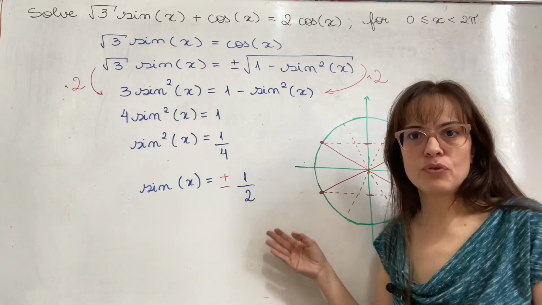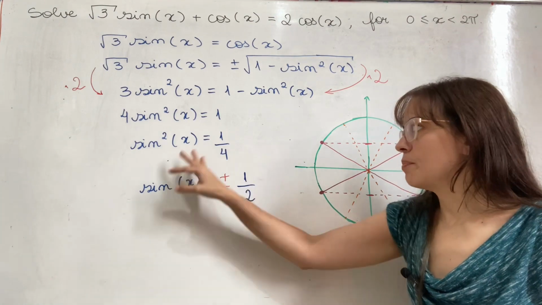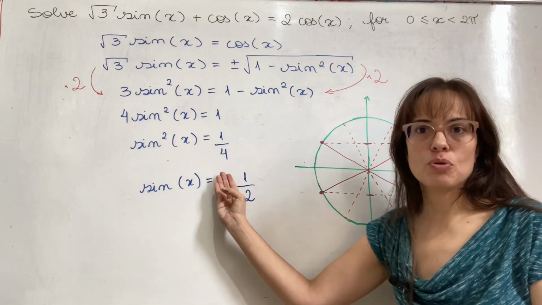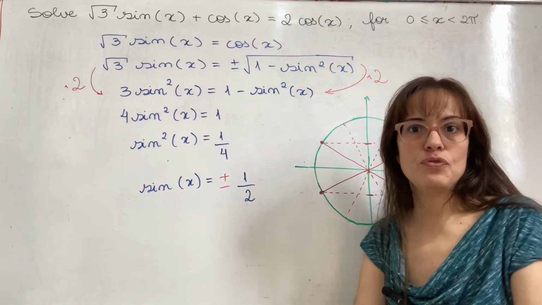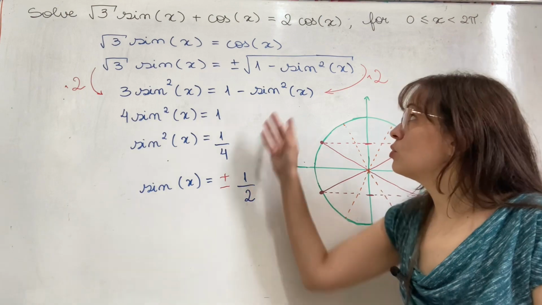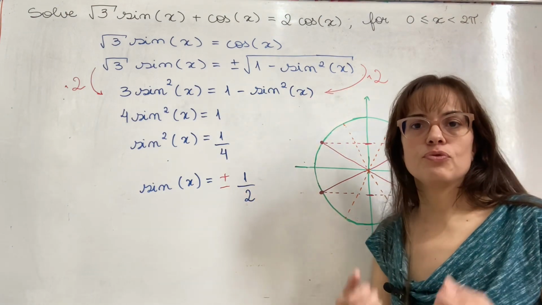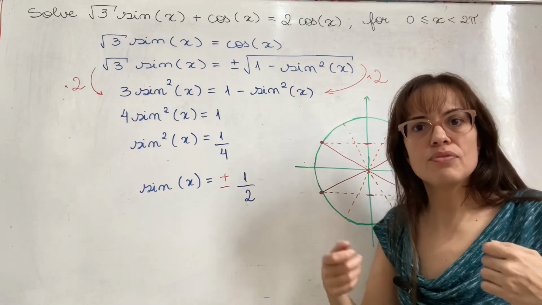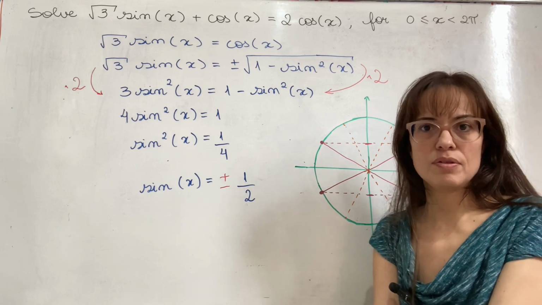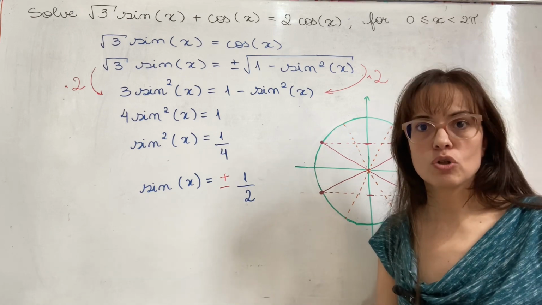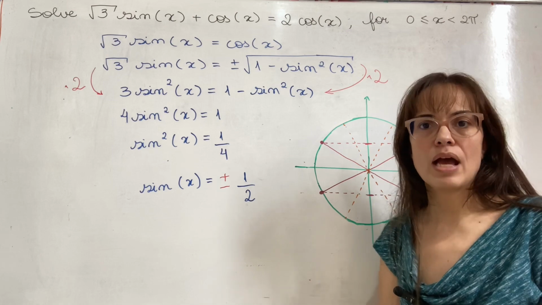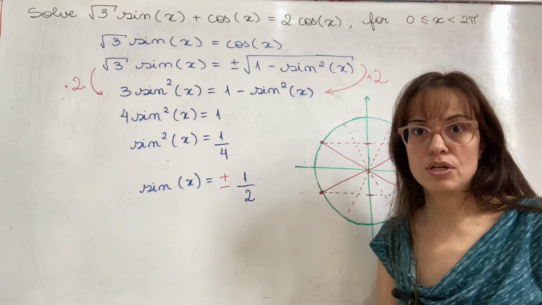Not because you might forget some solutions, which is what happens here. If you forget the plus or minus, you're going to have too few solutions that you're finding. But over there, it's the opposite. Frequently, when you do that, you actually find too many solutions in the end, and some of them are not correct, which is exactly what happened in our situation here.